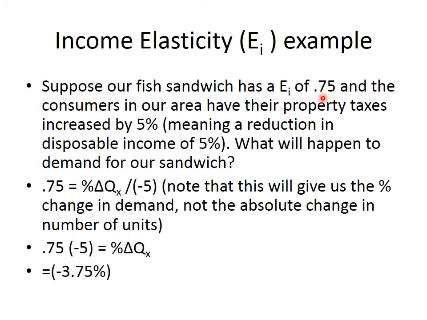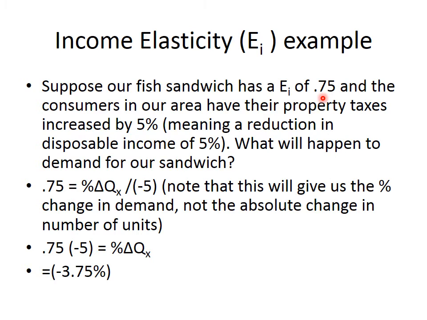Now, the second thing we want to point out here is let's just take a look at that coefficient. What do we know right now going in? Okay, well, we know that income elasticity coefficient is greater than 0. It's 0.75. What does that mean? Well, that means we have a normal product. Why do we have a normal product?